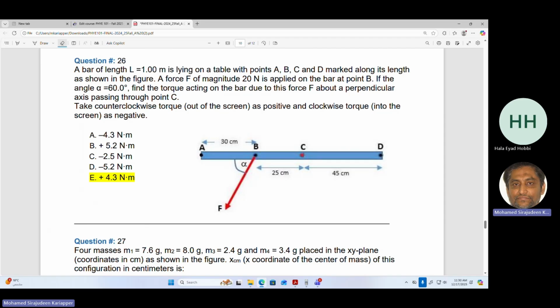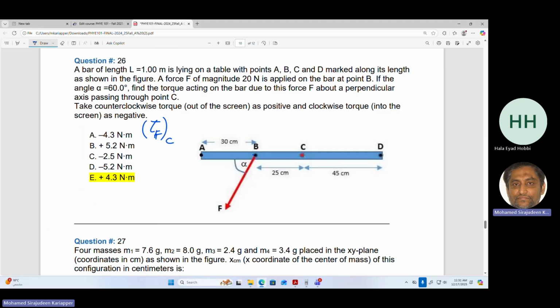These are important, okay? There are two things we need to worry about. What is he asking? He is asking for the torque from this force. Which force? The force F applied at B. You should know where it is applied. And you should also know about which point you want the torque: about the point C.